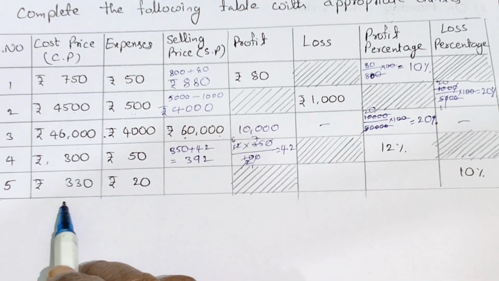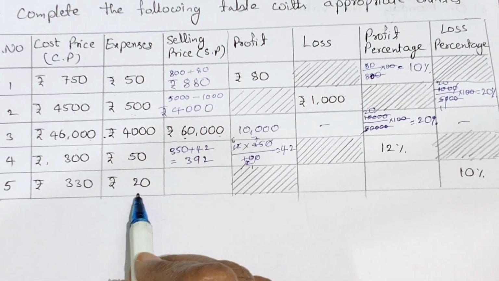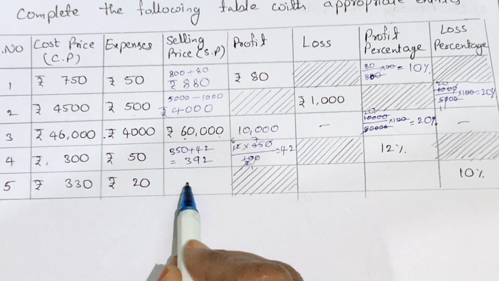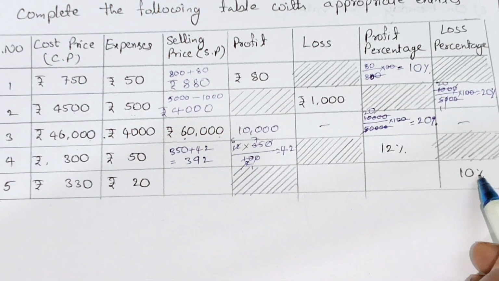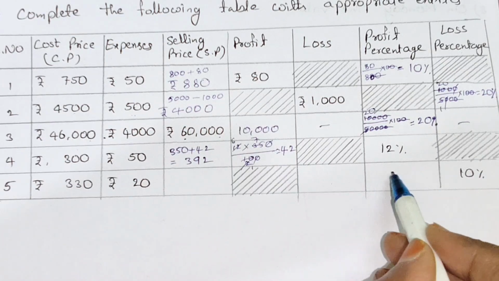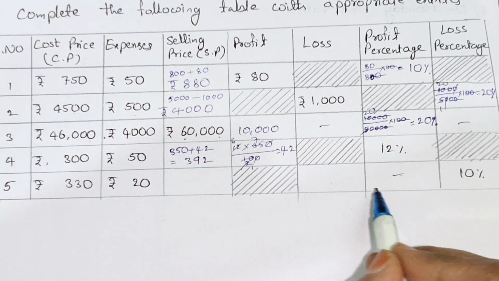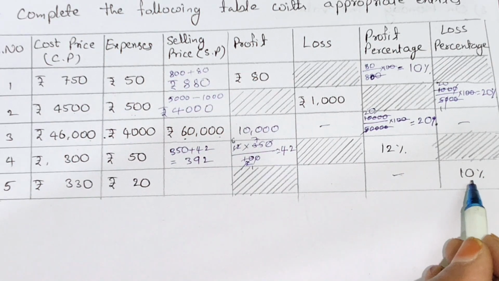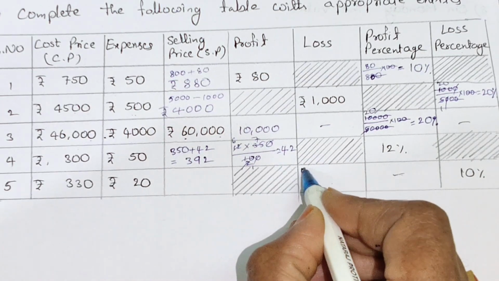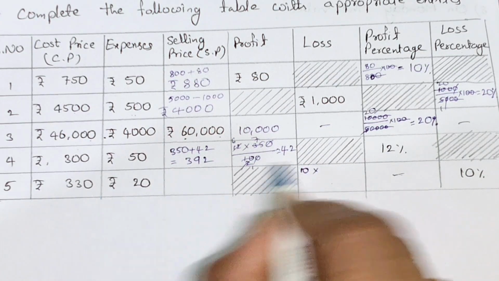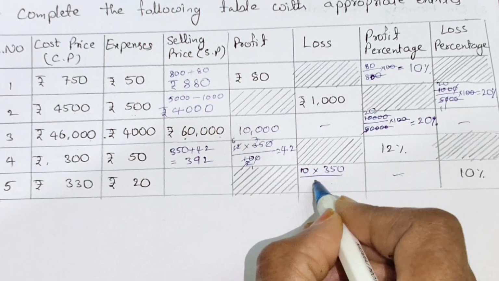Fifth one: cost price is 330, expense 20 rupees. Total is 350 rupees. Now we find the selling price. The loss percentage is given, so we find the loss. Profit is nothing. First we find the loss amount. Loss amount equals loss percentage into cost price 350 by 100.